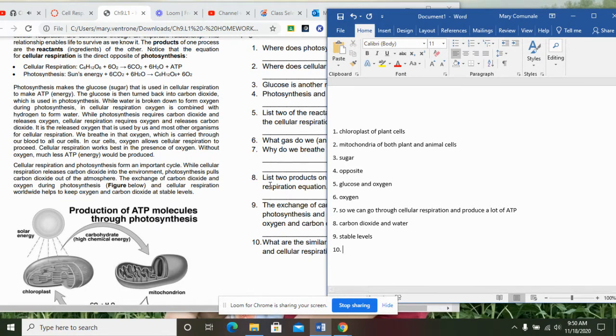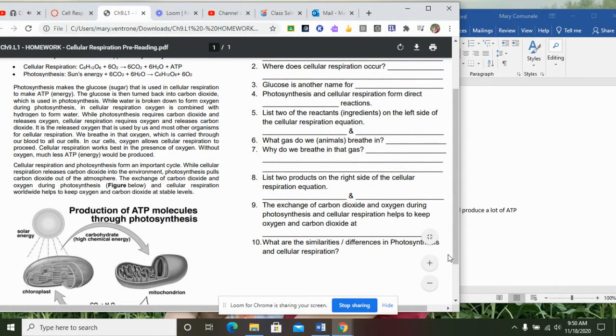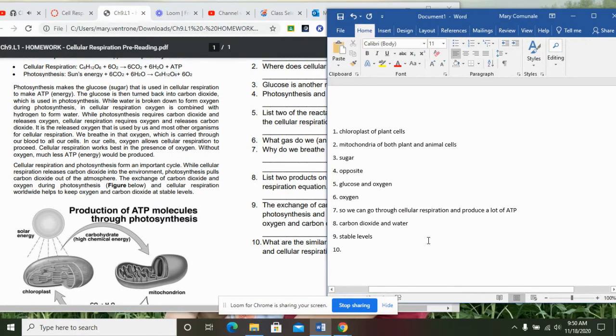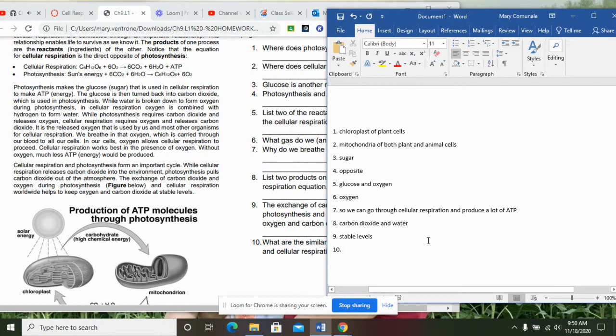And number 10, what are the similarities and differences in photosynthesis and cellular respiration? Similarities, well, both are going to be giving energy in one form or another.